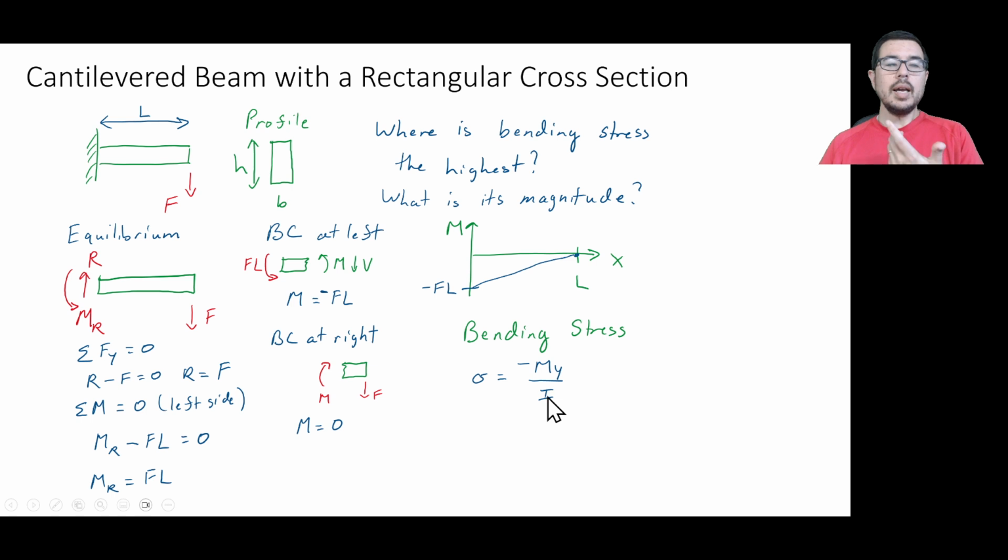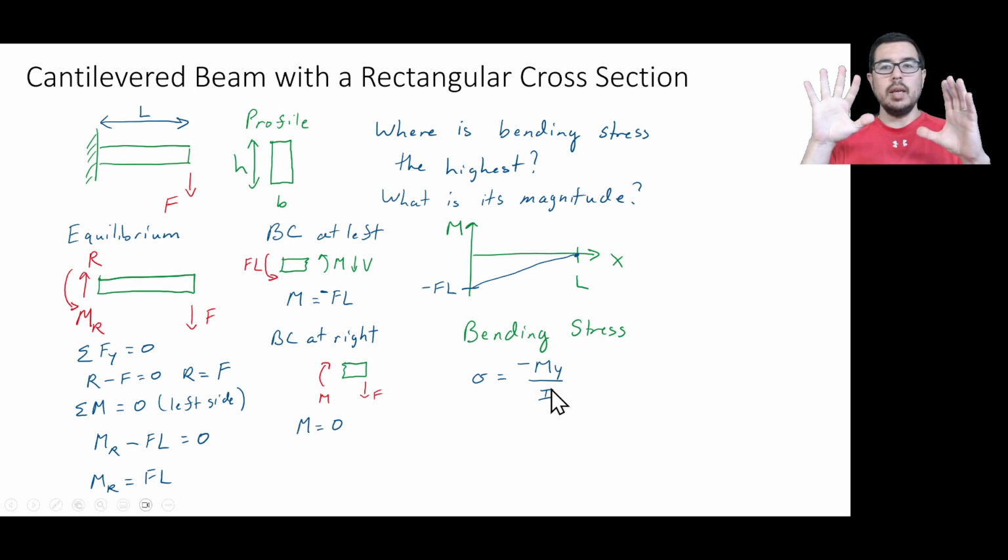Now, this is a very important concept. I is completely dictated by the entire cross-sectional profile. As you go to different locations along that beam, assuming the beam has a constant cross-section, it's not going to have an I that is changing.